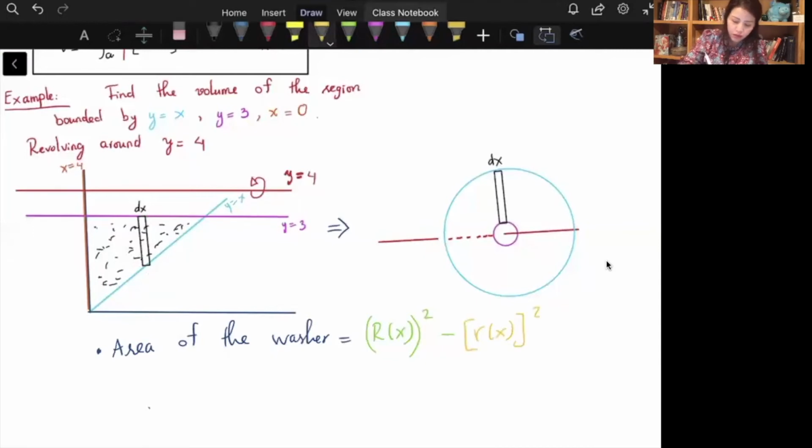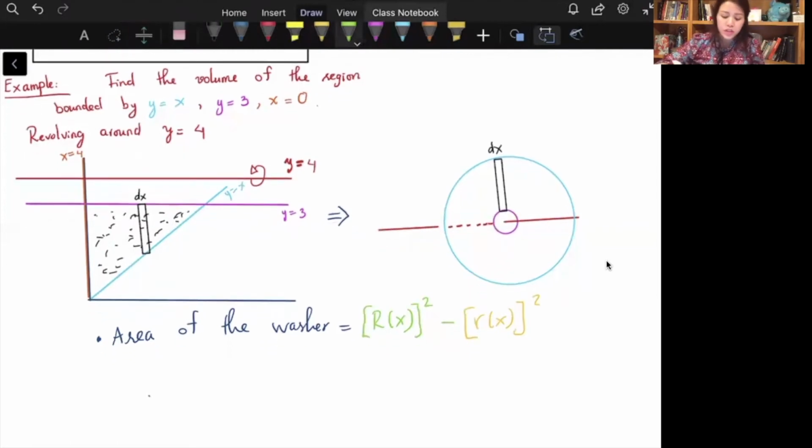Maybe make it in brackets. Okay, so in order to find this region in between here, my outer radius will be this one here, and I subtract the inner radius, which is this one here, to find what is in between.